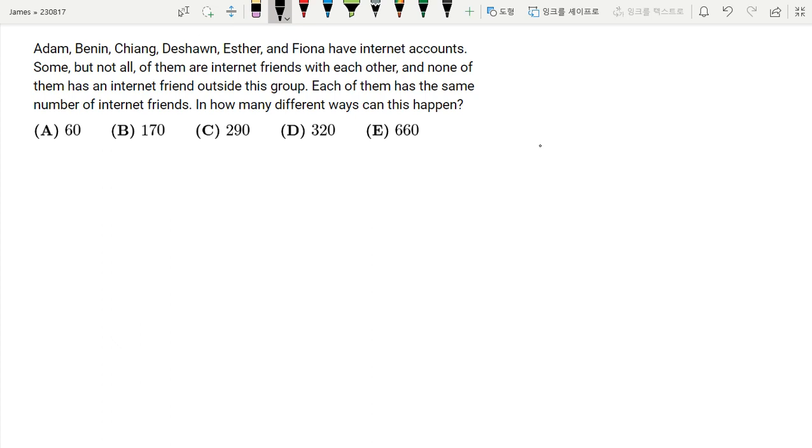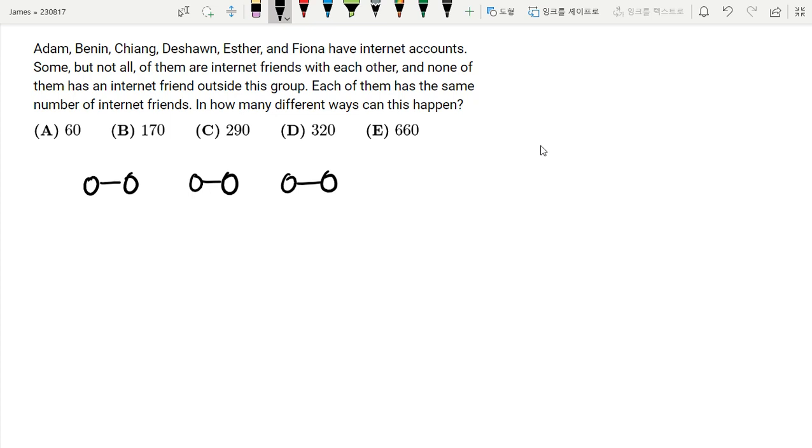So the first case is when they have one friend each. That means we can make these three groups of pairs of friends. When we connect these six people this way, the connected people are friends to each other.